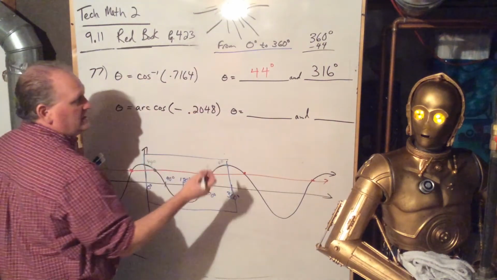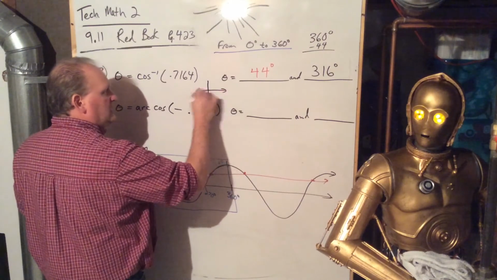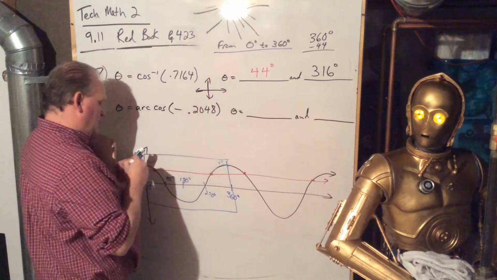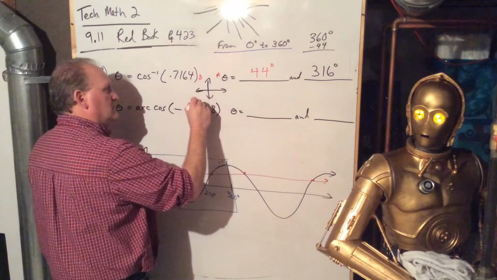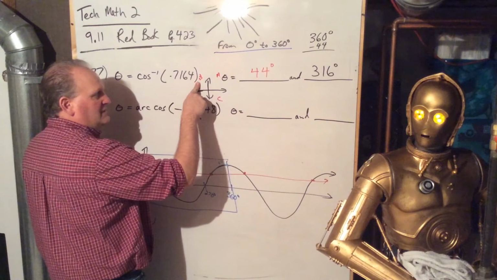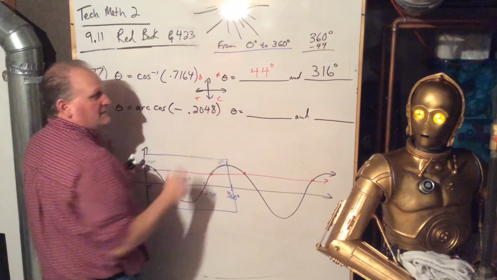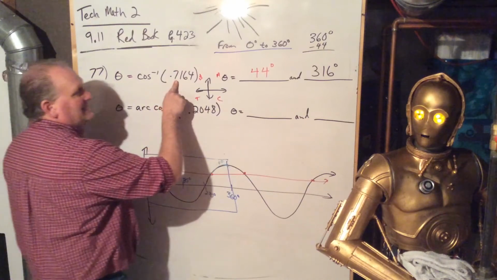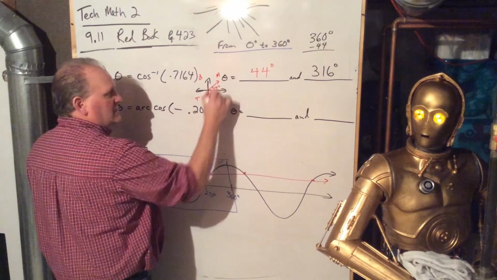Now, there is another way to do it. You can do the All-Star Trig class. That means all of them are positive in the first quadrant, only sine is positive in the second, only tangent is positive in the third, and only cosine is positive in the fourth. Since this is positive, we'd want, all right, here's our 44 degrees. That's what our calculator figured out.